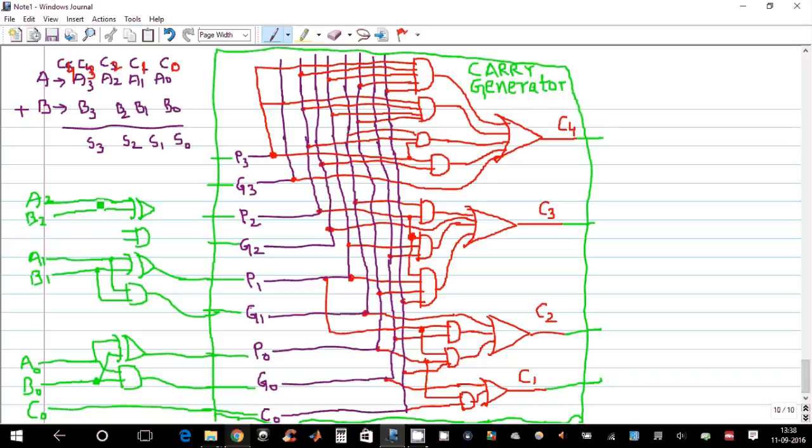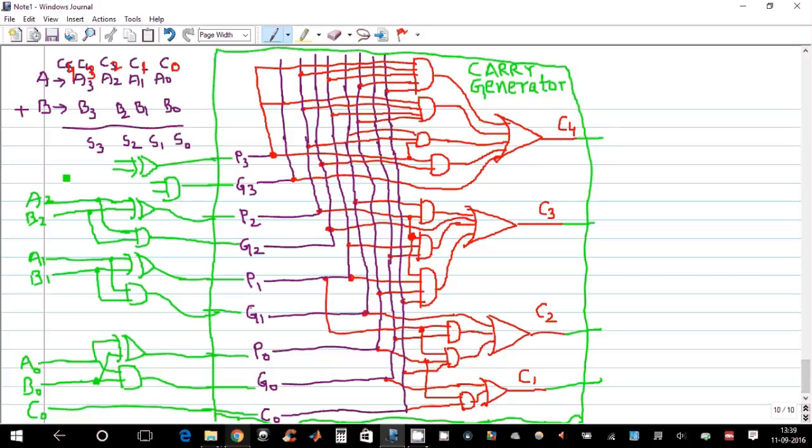The XOR output is given to P2 and the ANDing is given to G2. Similarly, I require one more AND gate.